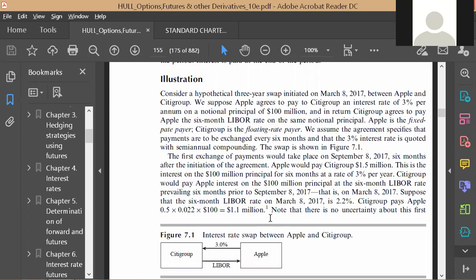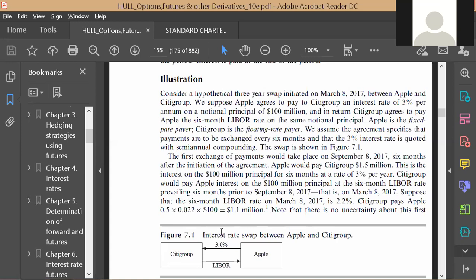So Apple would pay the difference, 3% minus the 2.2% which has been fixed. That is 0.8%, which is what Apple will pay to Citigroup. So there'll be a net payment from Apple to Citigroup. We determine who owes money to whom for this particular settlement date, and that person would pay that money. This is what we mean by net settlement.